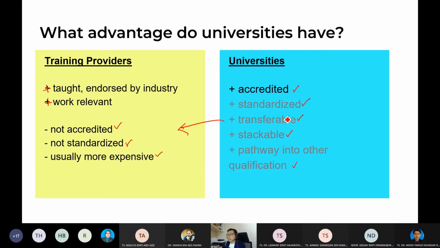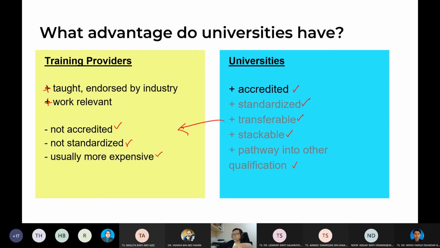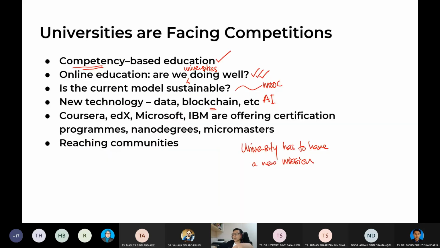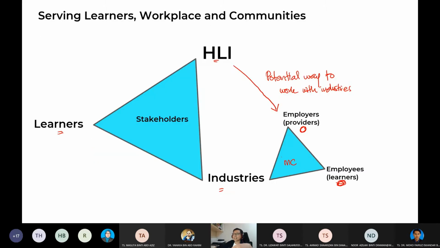Okay, so let's stop here and think of new reasons so far. Why do we need micro-credentials? Let me go back. Our advantages, our competitions, our threats. In the market today, what are they offering out there right now that we are not doing?